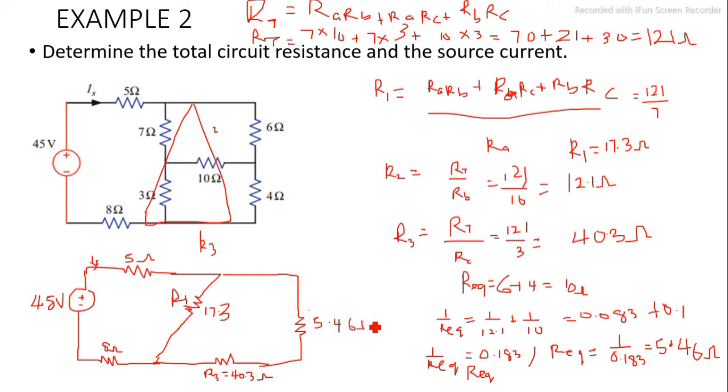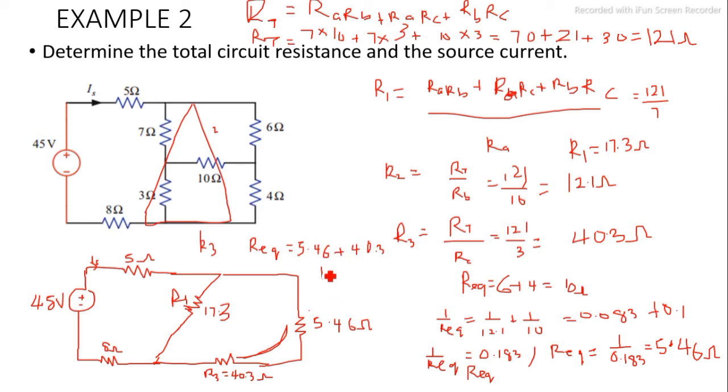5.46 ohm. Now we can notice that these two are in series, the same current will flow through them. So if the same current will flow through them, you can calculate their R equivalent, this and this. They are in series, you add them together, 5.46 plus 40.3.